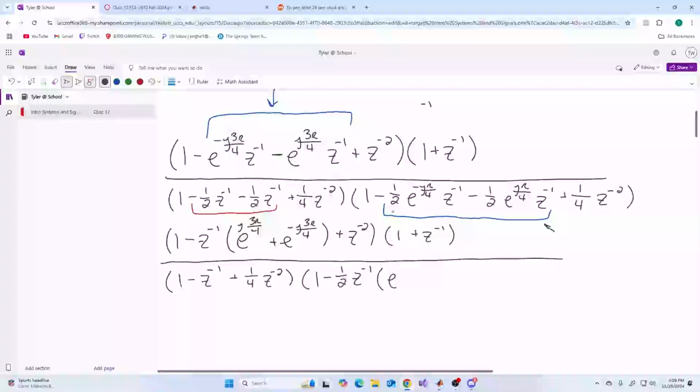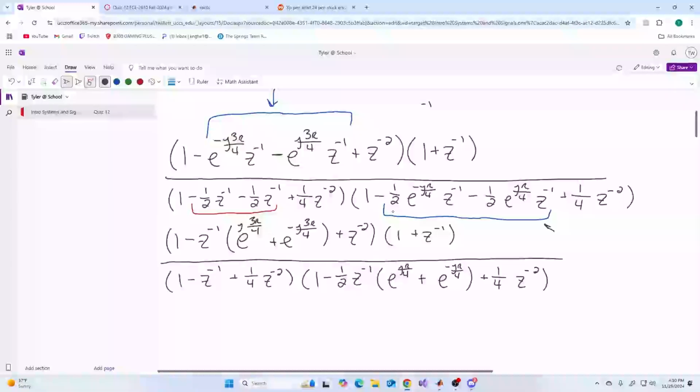So e to the j pi divided by 4 plus e to the negative j pi divided by 4 plus 1/4 z to the negative 2.